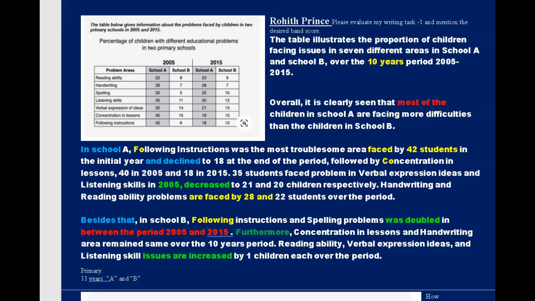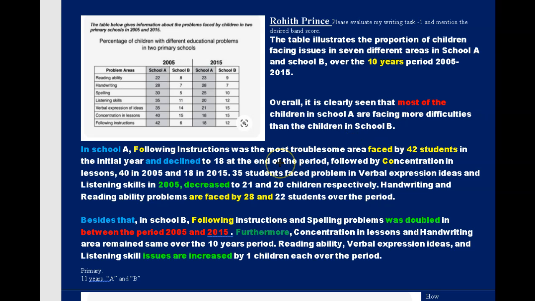Over the 10 years period, it needs to have a hyphen in there, 10-year period. And it's actually 11 years. If you count them, it's 11 years.